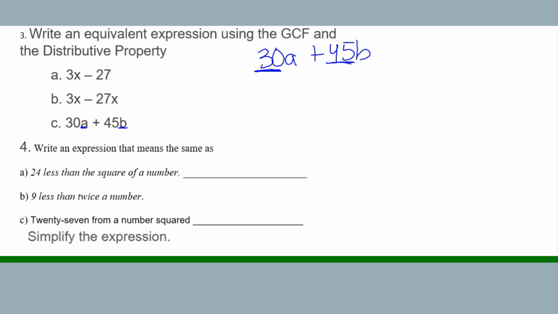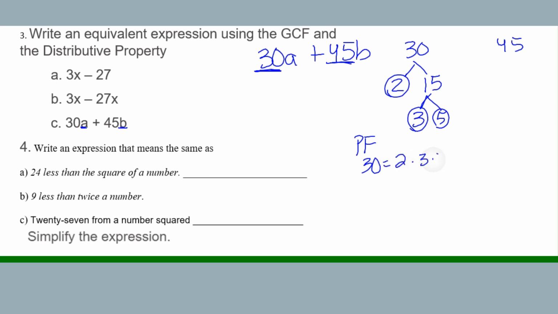No, it's not 5. So you can use prime factorization. It is 15. 2 times 15 is 30. So we can use these as 2 factors. 2 factors to make 15 are 3 and 5. So I have the prime factorization for 30, which is equivalent to 2 times 3 times 5.